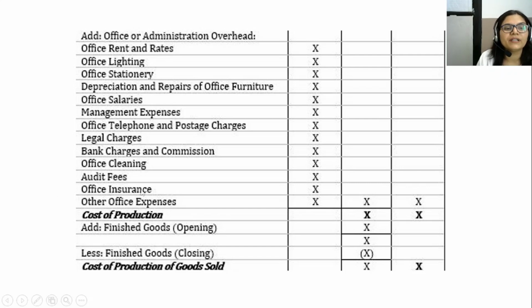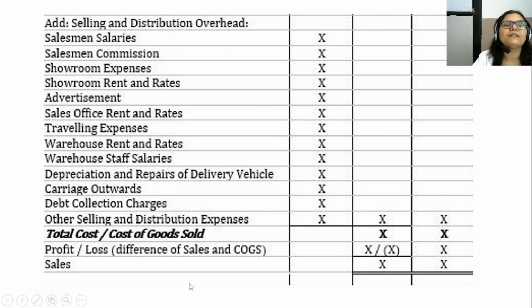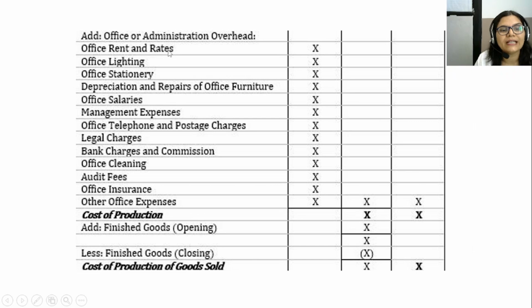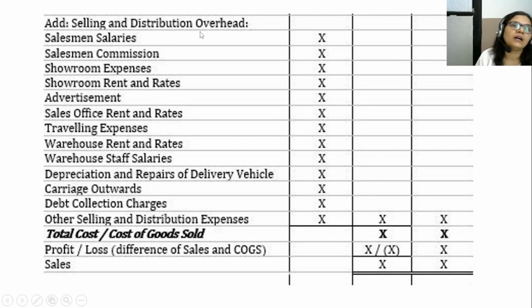Then after adjusting opening stock of finished goods and closing stock of finished goods, we will arrive at cost of production of goods sold. Then we will add selling and distribution overheads.